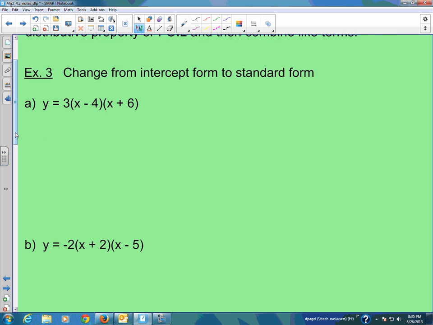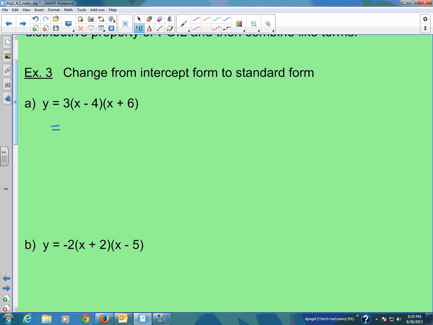This is in intercept form. Kind of the big giveaway between intercept and vertex form is vertex form has that quantity squared, and intercept form does not. So here we have intercept form, and we're going to write it into standard form, which again, ax squared plus bx plus c is equal to y.